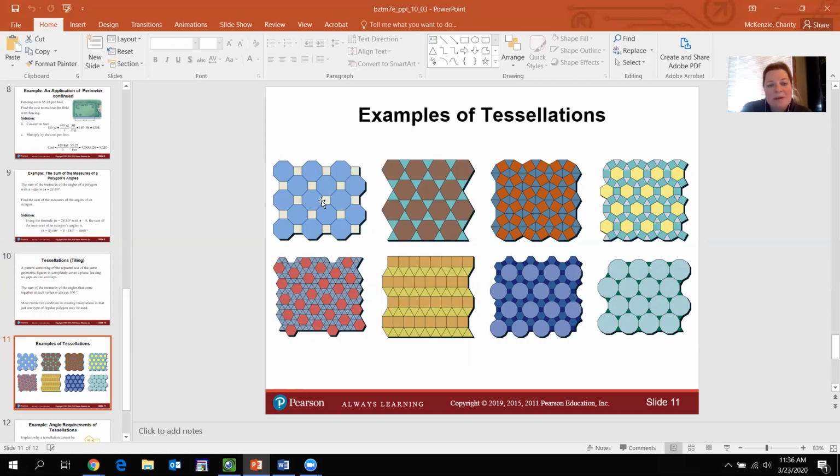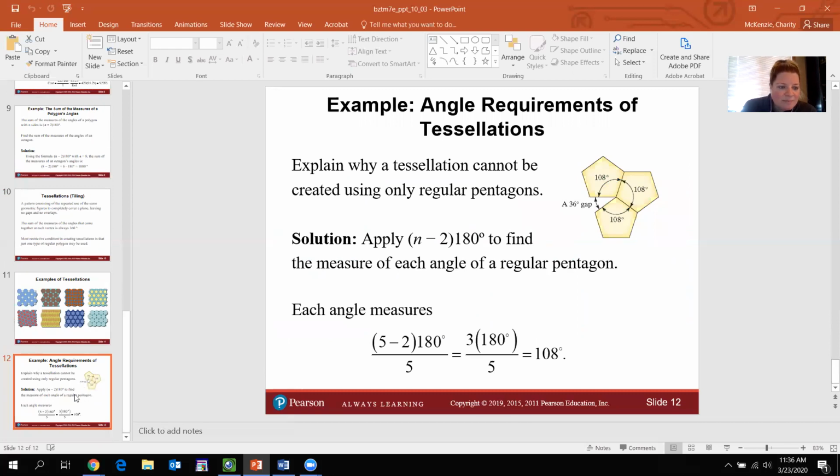So they must meet right here at the vertex, which is the tip of my little weird arrow thing. That has to add to 360 degrees for that to happen. So those vertexes must add to 360 in order for something to tile. So your homework will ask, like, what are the shapes? Are they regular? What does each angle add up to? Does it add to 360? Okay.